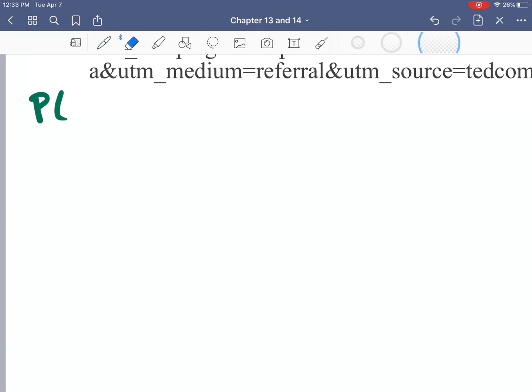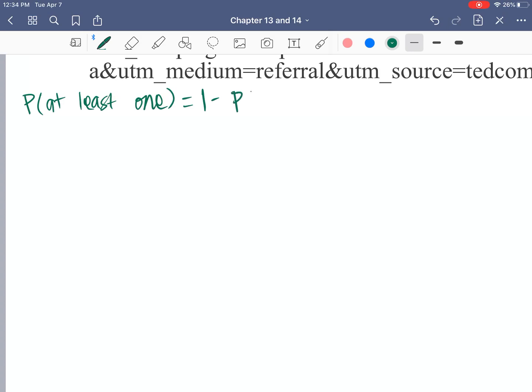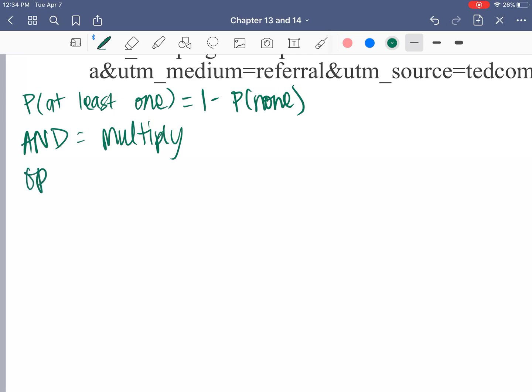First, probability of, that is a very thick pen. Probability of at least one of whatever the event is equal to 1 minus the probability of none. And means multiply the probabilities together, or means add the probabilities.